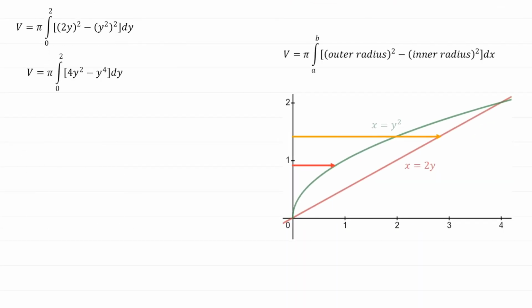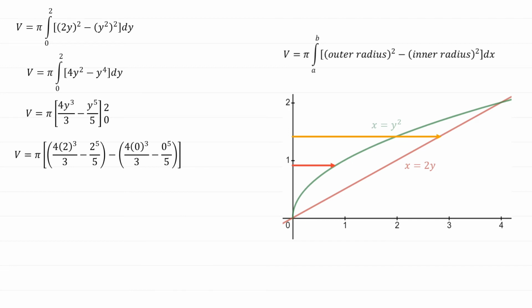Substitute in the formula. So (2y) squared minus (y squared) squared. Expand, integrate, and solve it until you get the answer 64 pi over 15 unit cube.